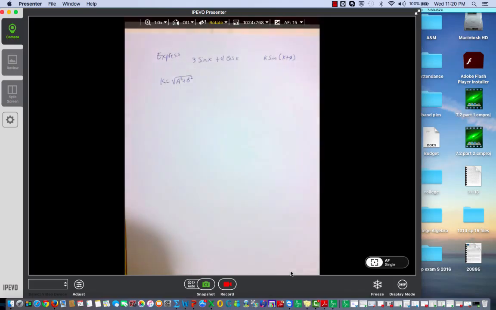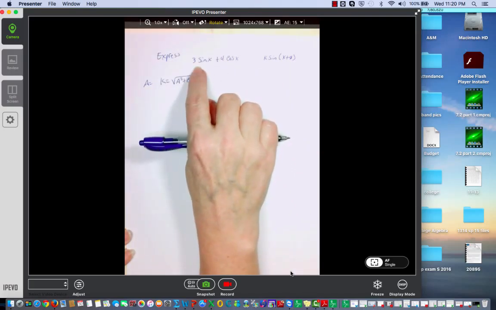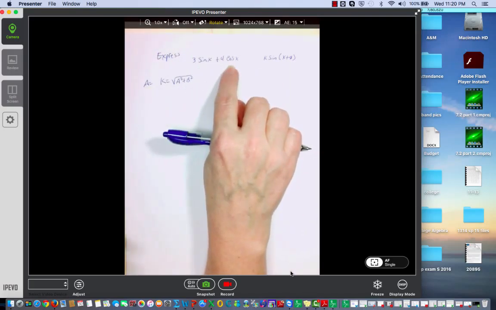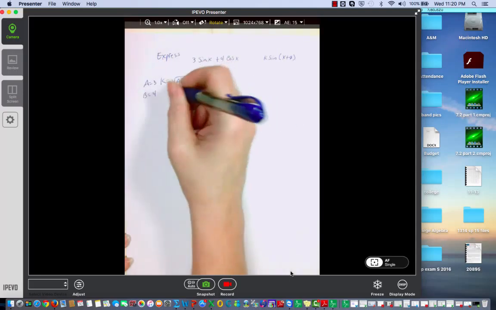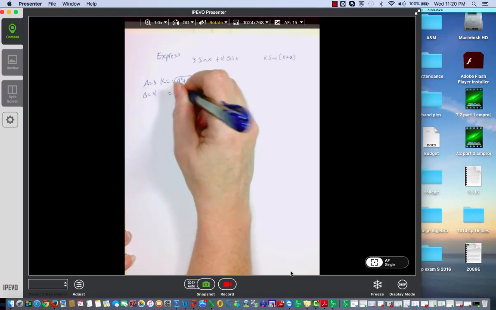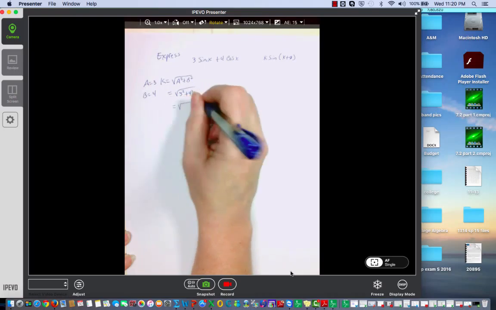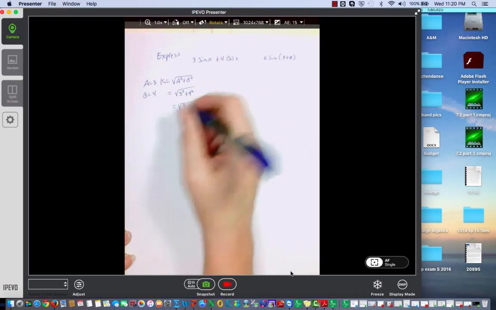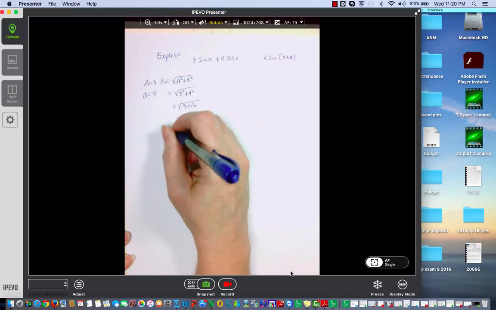So we've got to know what a and b are. Looking at our expression here, a is going to be equal to 3 and b is equal to 4. So that means k will be equal to the square root of 3 squared plus 4 squared, which is the square root of 9 plus 16, square root of 25, so k will equal 5.